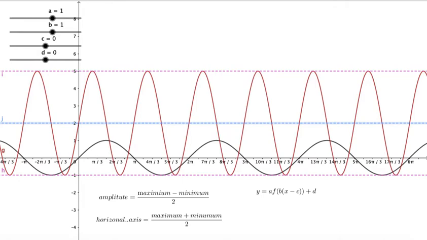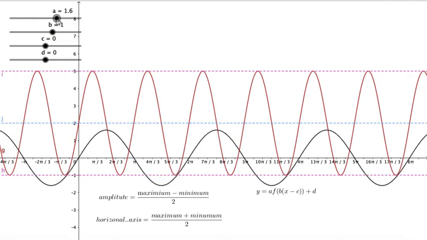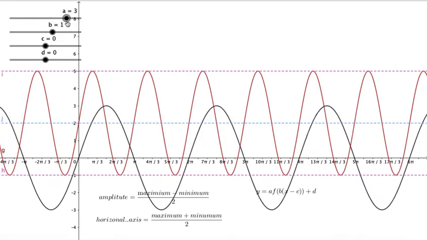Well, it's going to be through a vertical shift. So allow me to demonstrate what this might look like in transformations. I'm going to change my A value to be 3. There we are. I'm going to shift my wave up. Now this is almost in the right place.